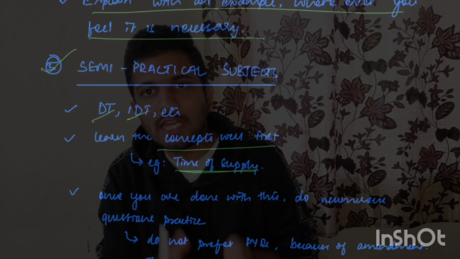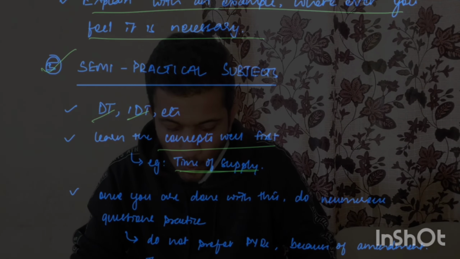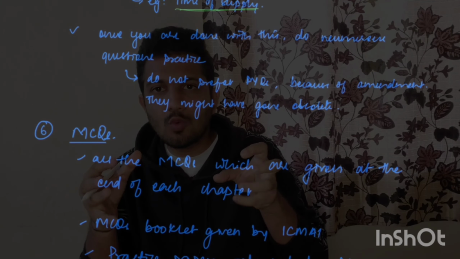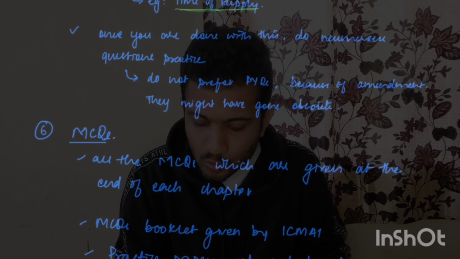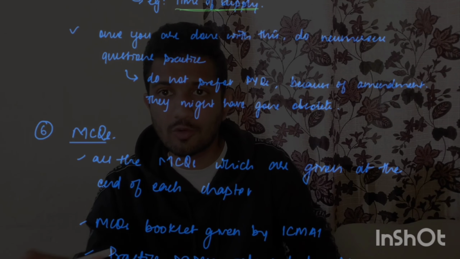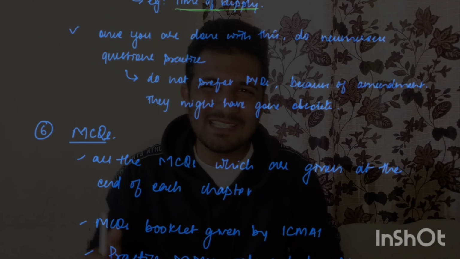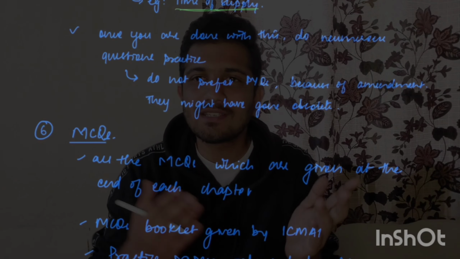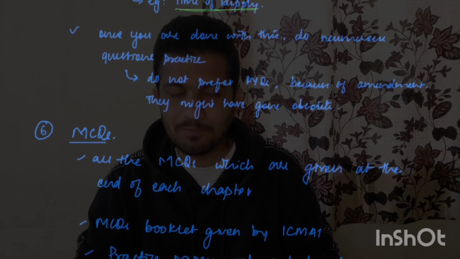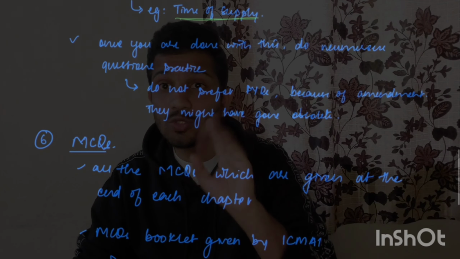So you have to learn it first very properly. Once you are done with that very firmly, then we have to solve a lot of questions again of this attempt, because things go obsolete in DT or IDT because we have frequent amendments. Done.